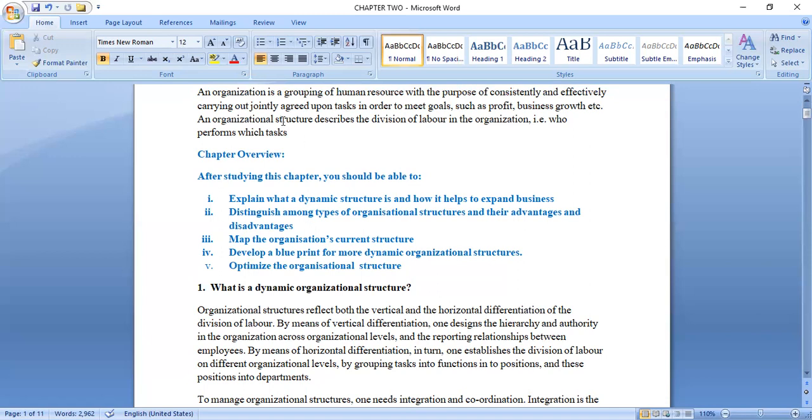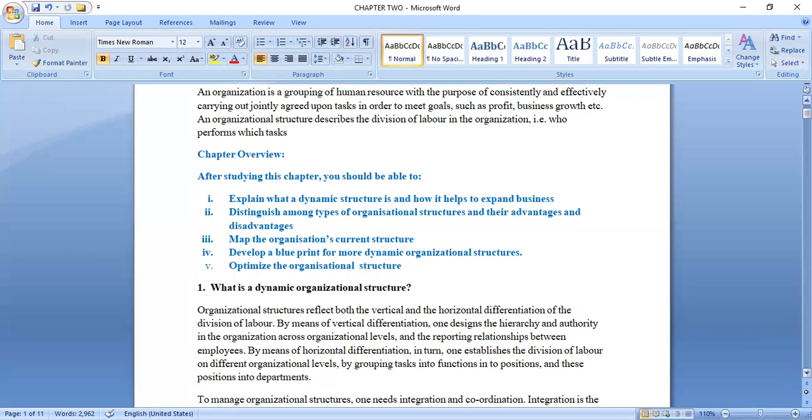Then you'll be able to map the current organizational structure, and develop a blueprint or a plan for a more dynamic organization structure. And then also you should be able to know how to optimize these organization structures.